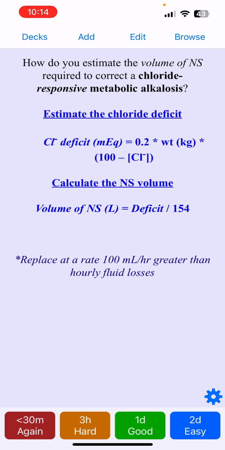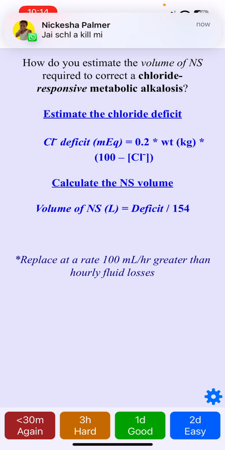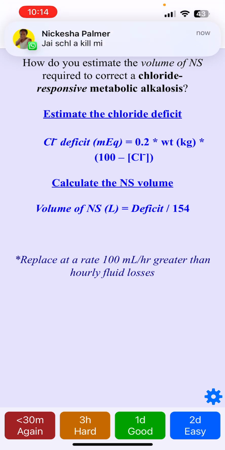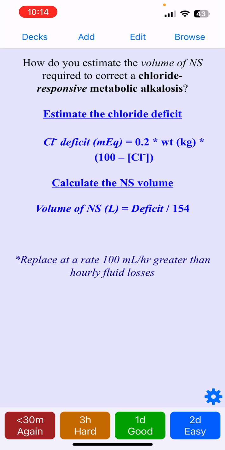The chloride deficit is calculated by 0.2 times the weight in kilograms multiplied by 100 minus the chloride measured. Then you calculate the normal saline volume by doing the volume of normal saline is equal to the deficit divided by 154.